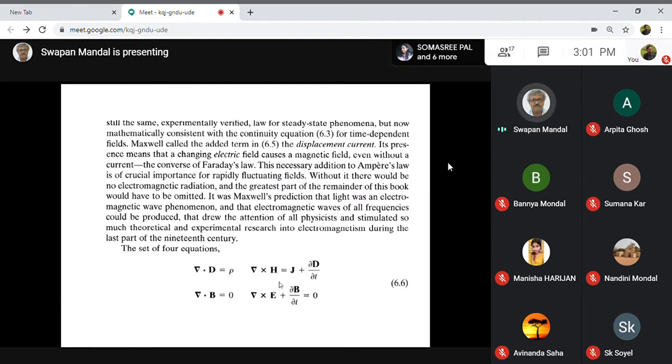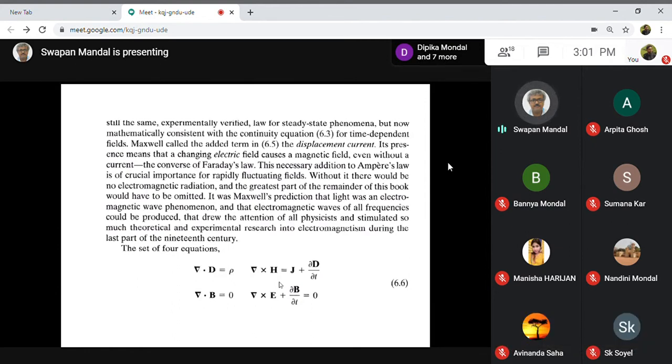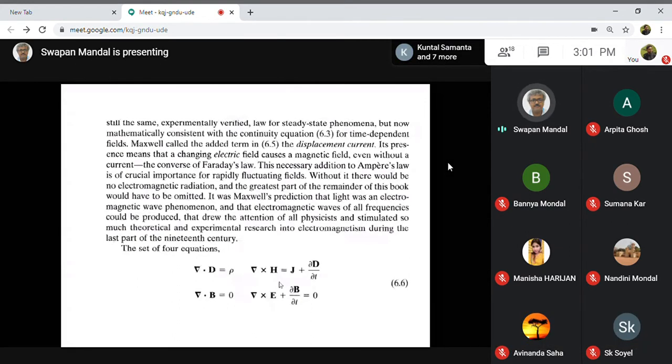This is the knowledge you have already got in your electrostatics and magnetostatics courses. If I know the scalar potential phi, in principle I can calculate the electric field E, because E equals minus gradient of phi. Once the electric field is calculated, you can calculate the force, because charge multiplied by the electric field gives you the force.